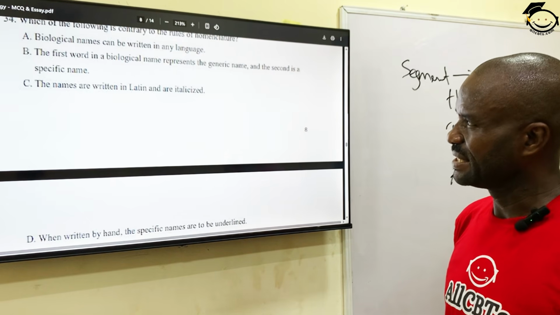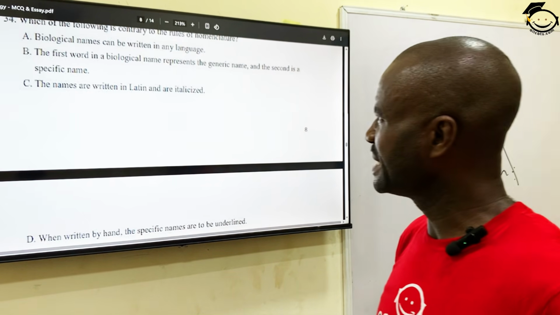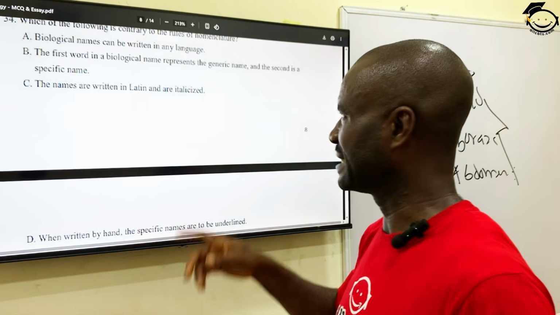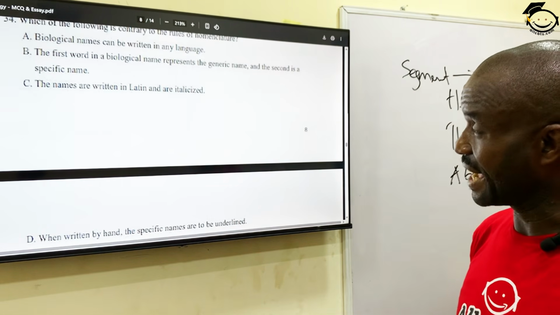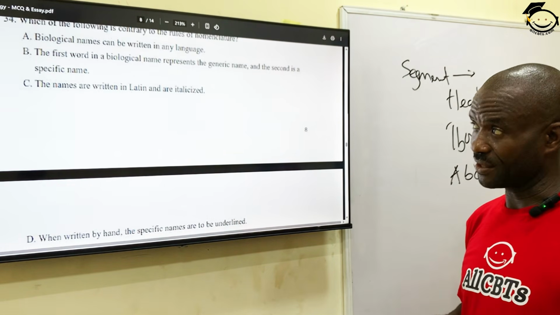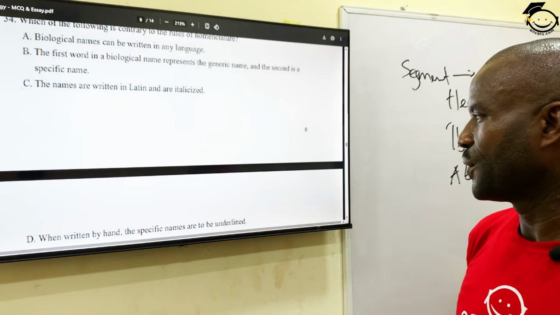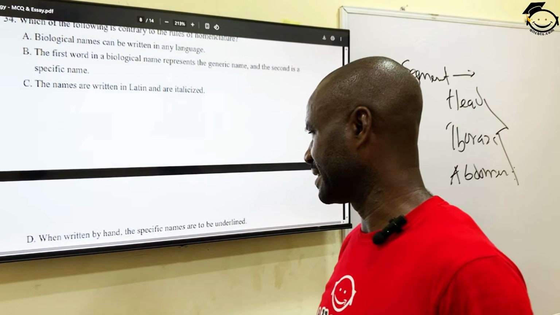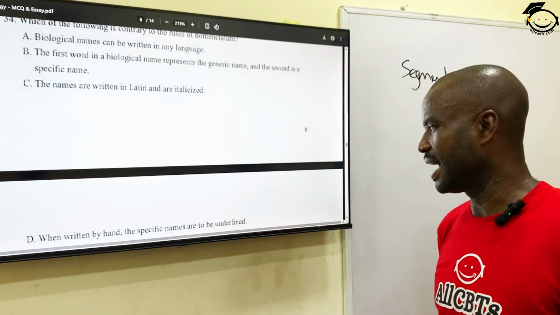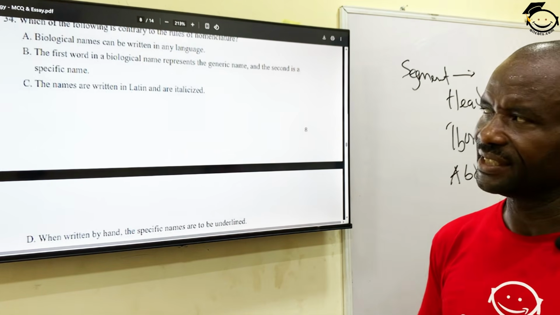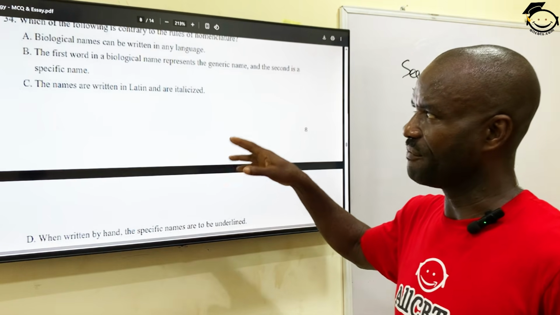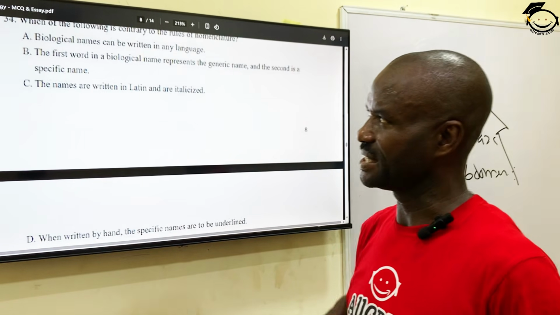Then C, the names are written in Latin and italicized, which is correct also. Then D, when writing by hand, the specific names are to be underlined. The three others are correct, except the first, which is A.